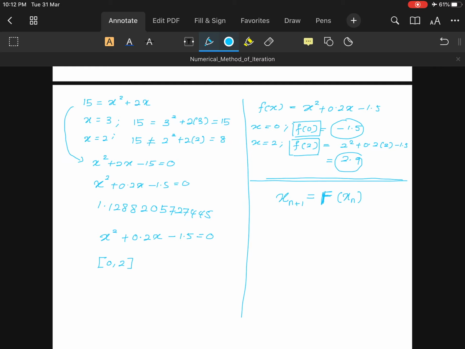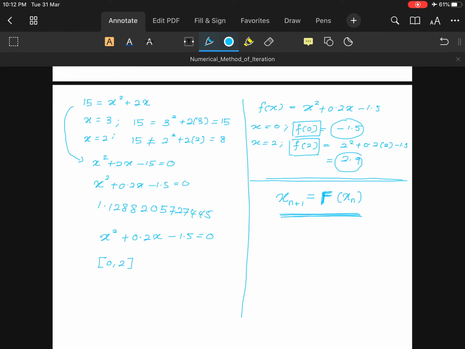Why do we have to do this? Because we don't want to do blind guessing on the roots. If we are able to write down this relation, hopefully under certain conditions, it will automatically bring you to the root itself, converge to the root itself.